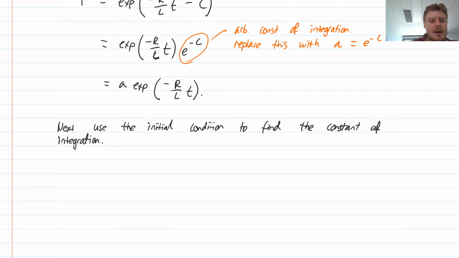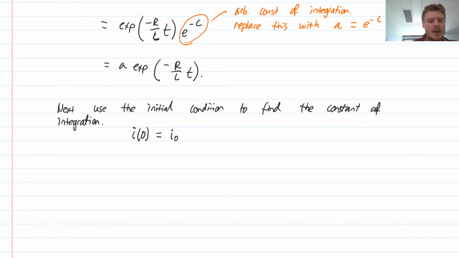Remember, when we analyzed the circuit, we had that the current at time 0 is equal to some number that we get from analyzing the steady state circuit. So we can substitute t equals 0 and I0 is equal to what our initial condition was. And if we do that, we will get the following expression.